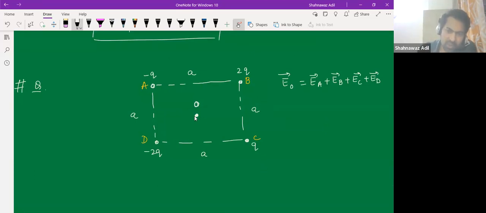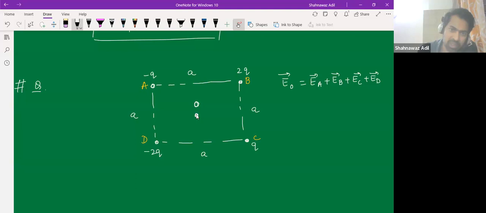Okay, so we are calculating the electric field at this point, and there would be 4 contributions. So for minus q, the electric field would be in this direction or in this direction. What would be the direction, towards A or away from it? At this point, due to A, what would be the direction?